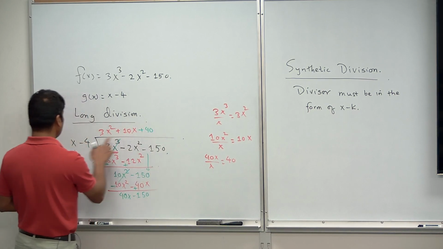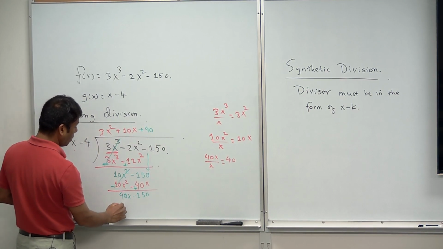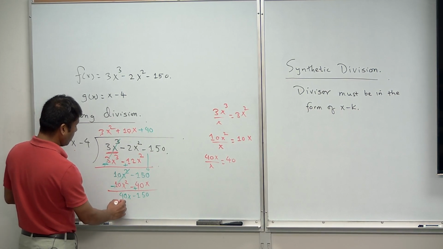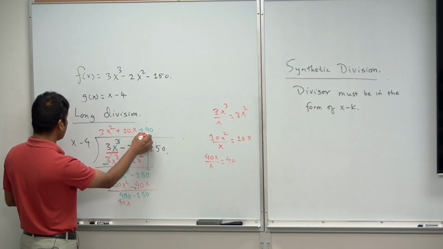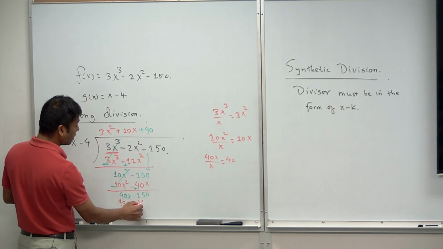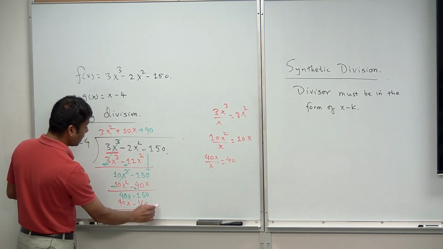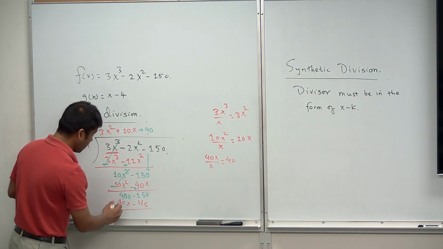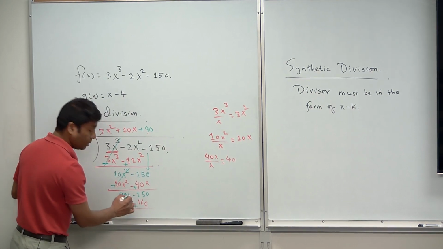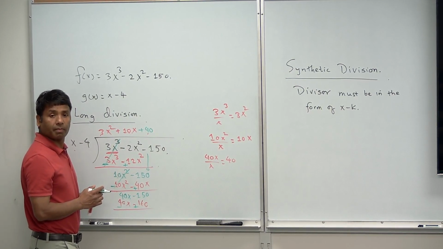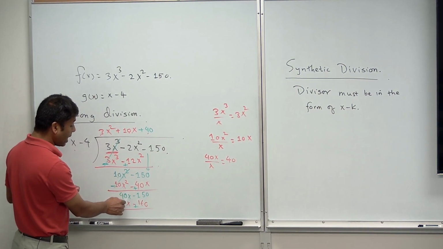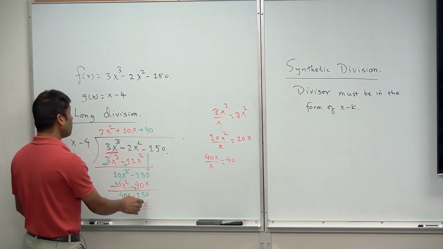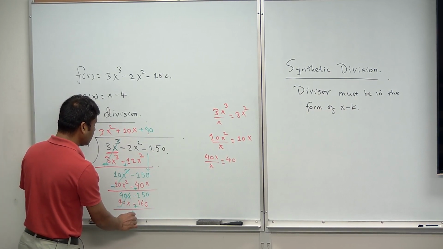So now you multiply this 40 times x is 40x, and this 40 times negative 4 is negative 160, right? And you change the sign. So this will be negative, this will be positive. Make sense? And then this positive 40x and negative 40x, you can cancel them. And this is negative 150 plus 160. What is this? This is 10.